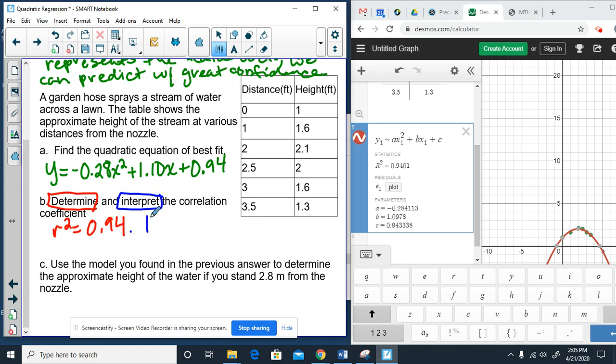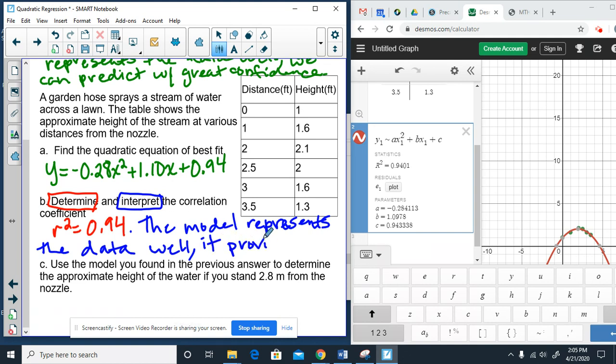So the model or the equation represents the data well. So it provides confidence, or we can use this model, need a little bit more space here.